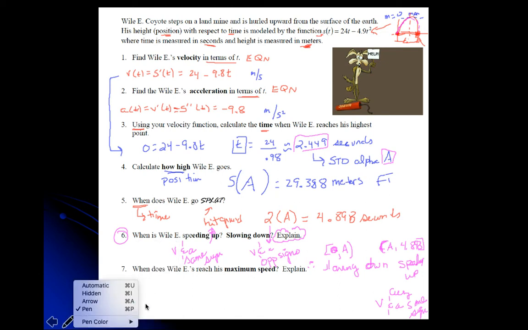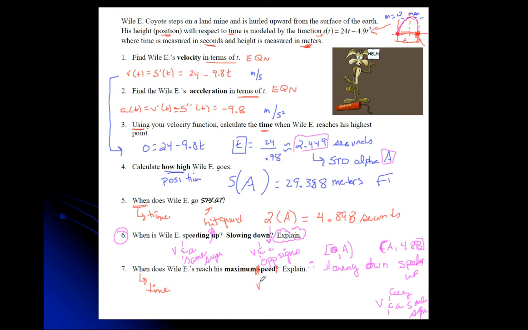Now be careful with the next question. So again, that's a time question. When does Wile reach his maximum speed? And remember, speed is always a positive number. So maximum speed.